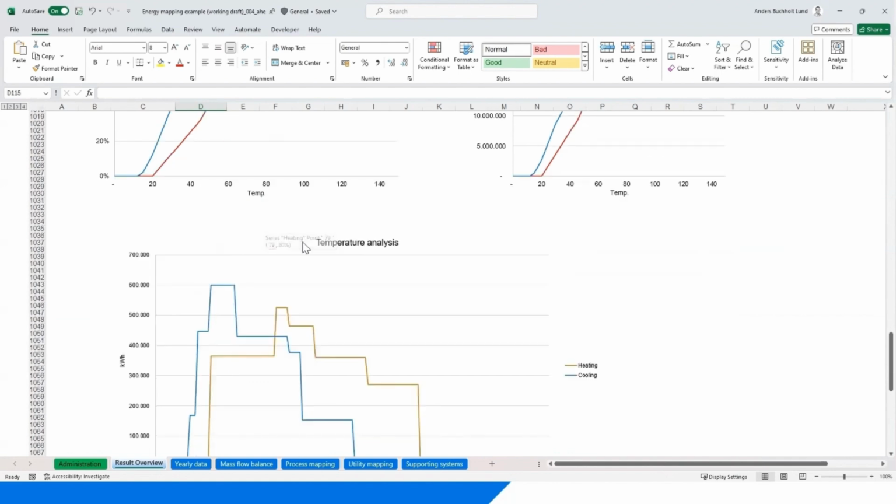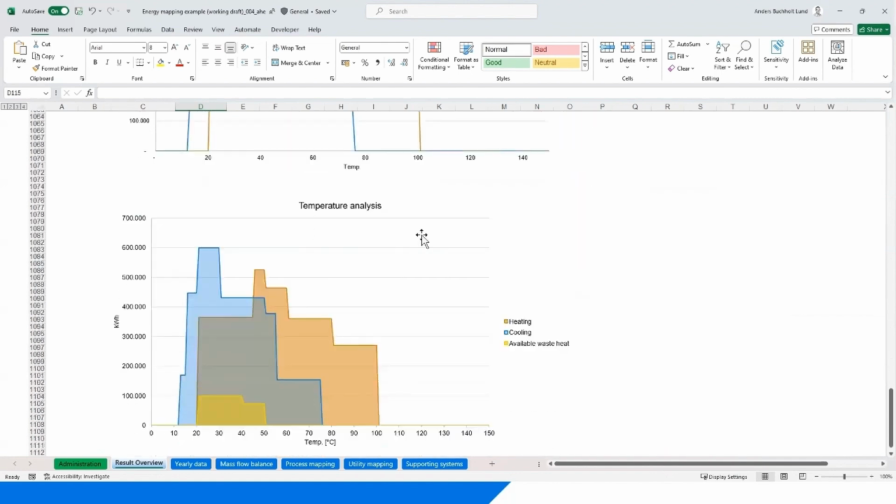And we also have these two charts, which are overlapping: the cooling energy consumption by temperature, and the heating energy consumption by temperature. And we can see this grayish area that is overlapping is the part where we could actually make direct heat recovery or integration of heat exchange.